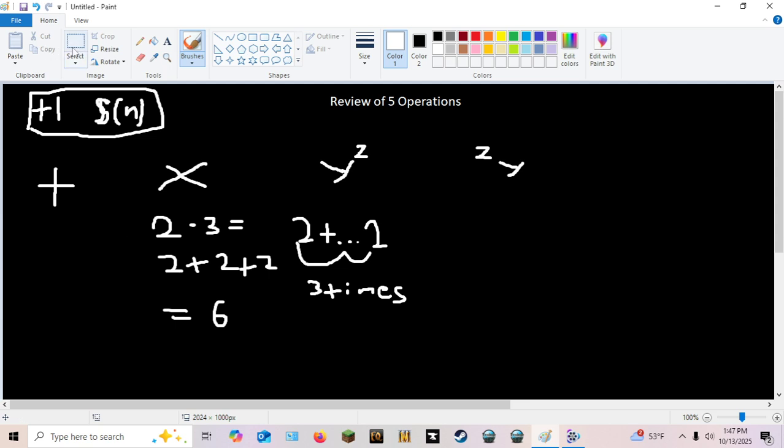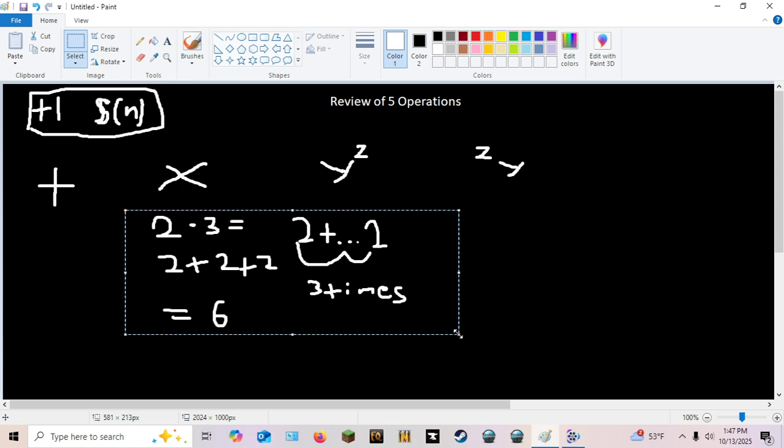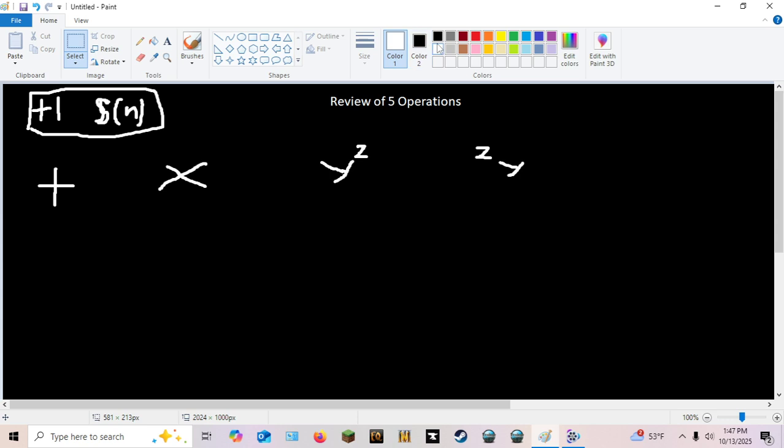Moving on to the next operation. Exponentiation. Exponentiation is repeated multiplication. So when we do like 3 squared, let's explain with a variable first.